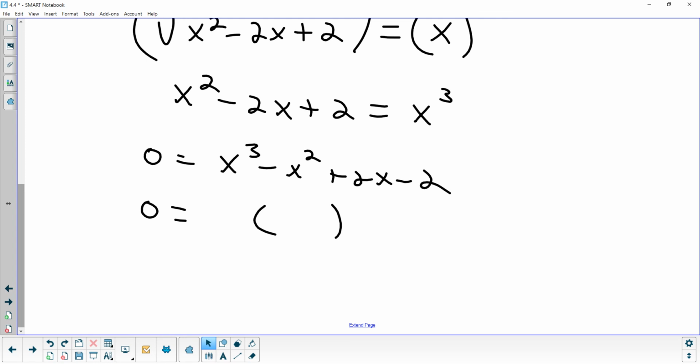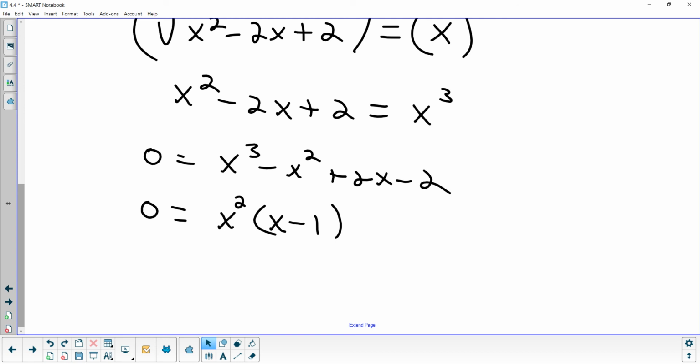What factors out of x cubed and x squared? What do they both have in common? X squared. Yeah, they both have an x squared in common. And if you factor that out, you'll be left with an x minus 1. My goal is to get x minus 1 again.